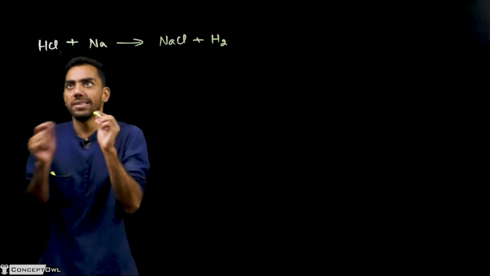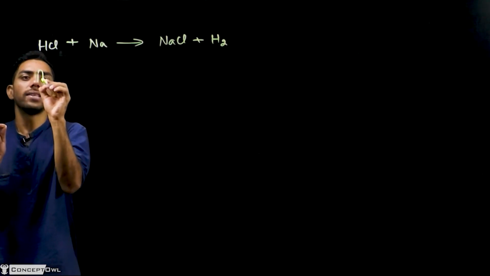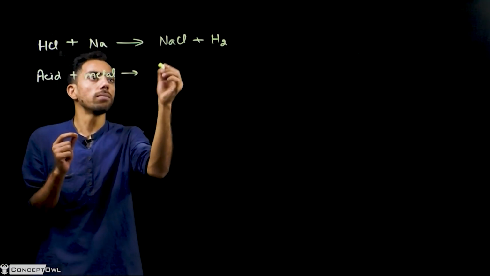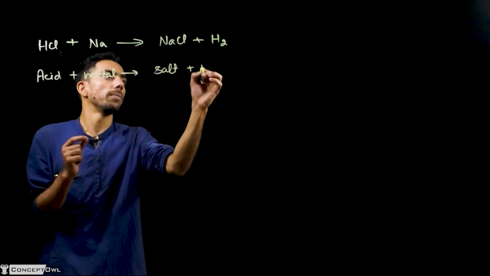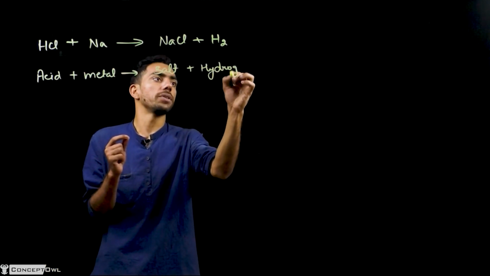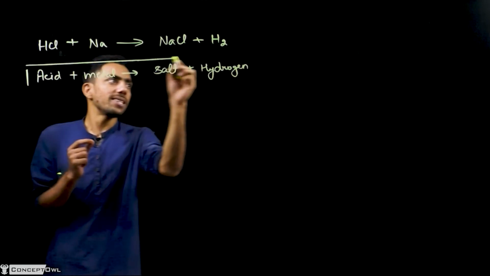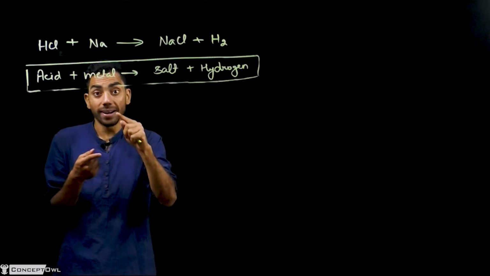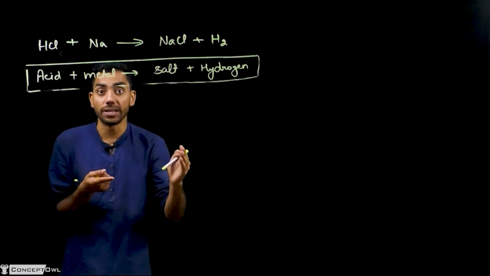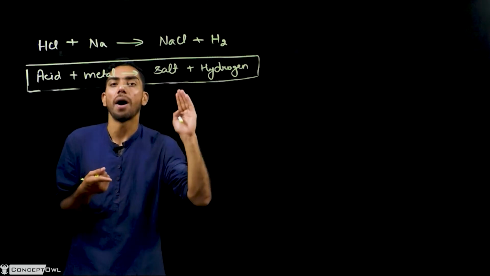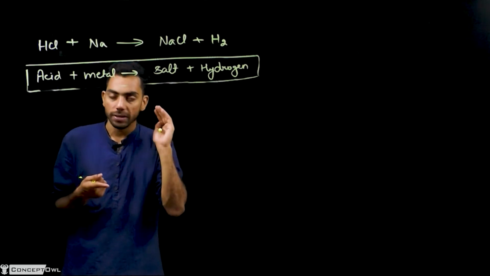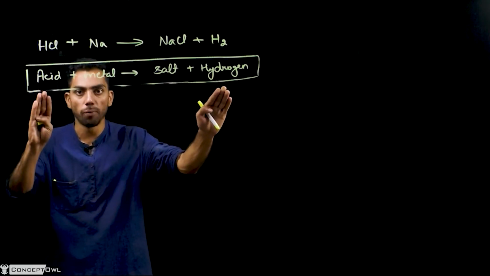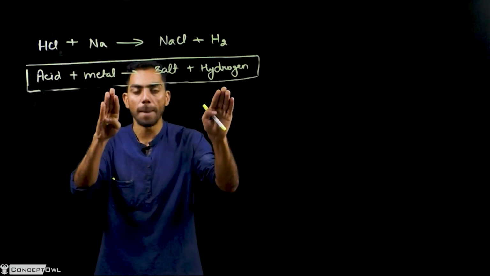So, in a general way I can write: acids react with metal, form salt plus hydrogen gas. You can take any acid and any metal as long as your metal is above hydrogen in the reactivity series. It will always give you hydrogen gas. Is this clear? So we can make hydrogen gas with the help of an acid and a metal.